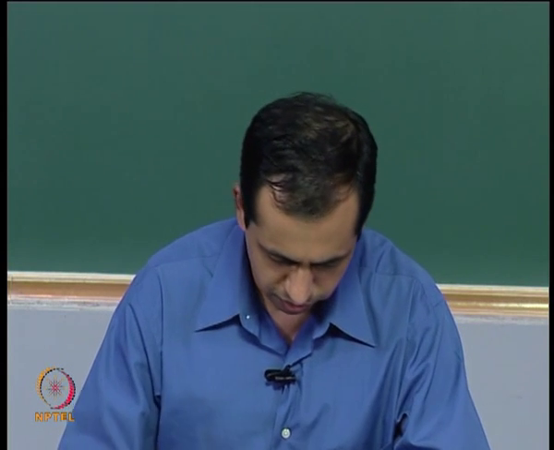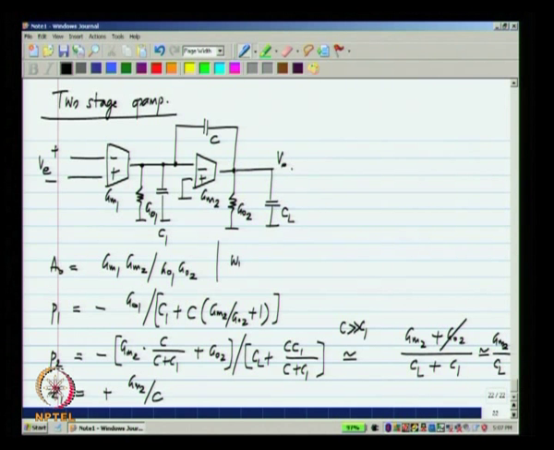Now, what is our stability criterion after all? The unity gain frequency of this is of course GM1 divided by C. Our stability criterion says that the 0 and the pole has to be sufficiently beyond the unity loop gain frequency, which is the same as the unity gain frequency of the op amp for a unity gain amplifier.